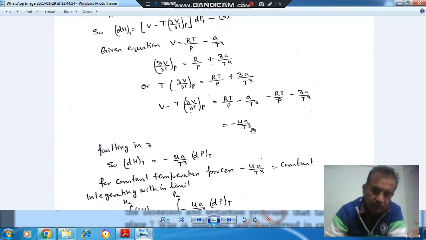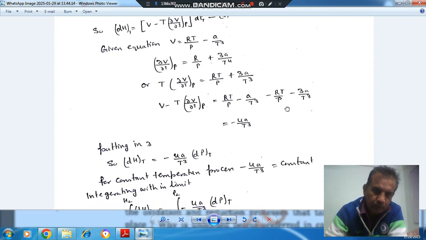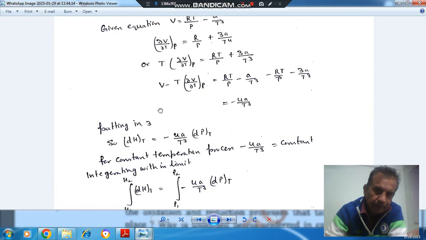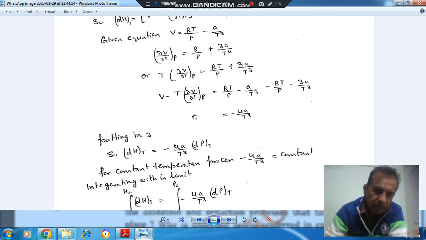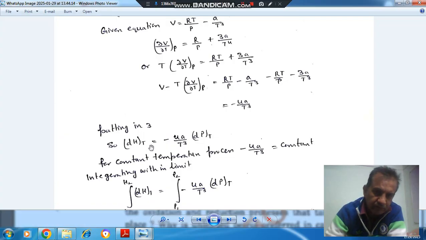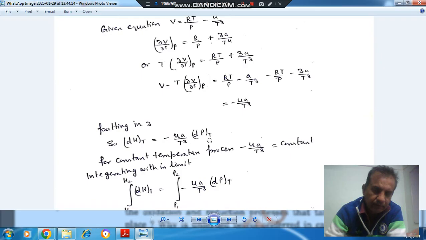Now this expression is put here. So we have dH at constant temperature is equal to minus 4A by T cube dP.